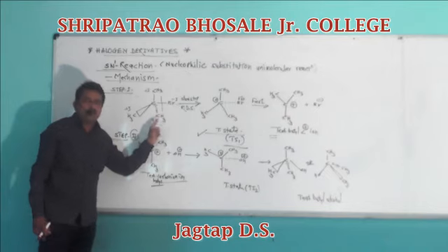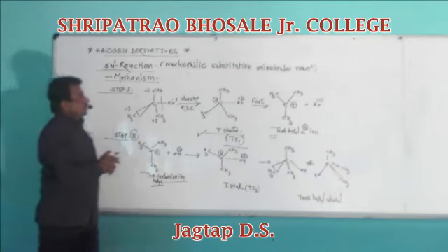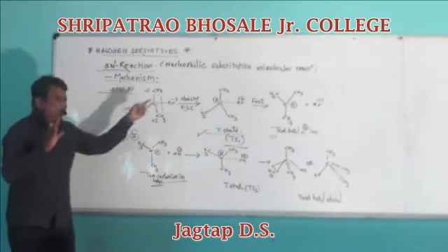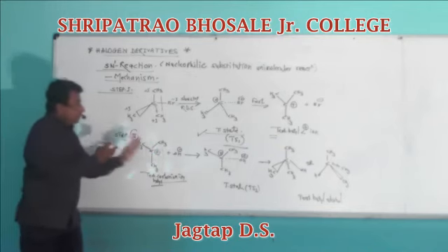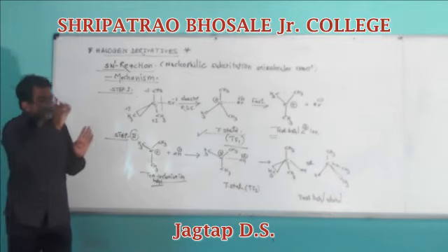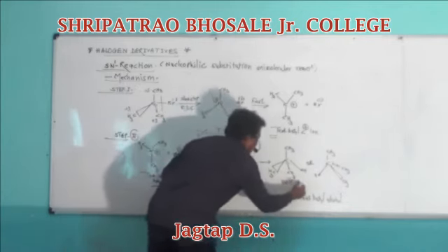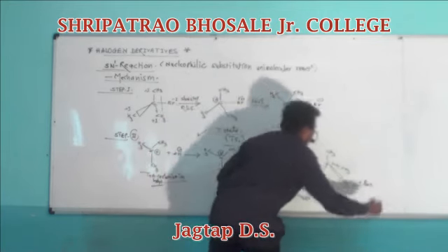In formation of TS, only one reactant species takes part in RDS. So it is a unimolecular reaction. The nucleophile OH attacks from either side, front as well as back side. Therefore, there is 50% retention as well as 50% inversion in configuration.